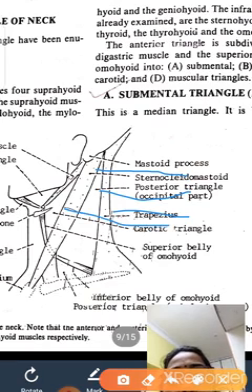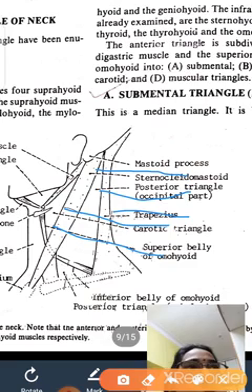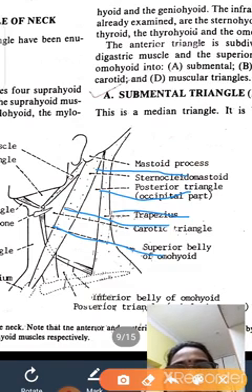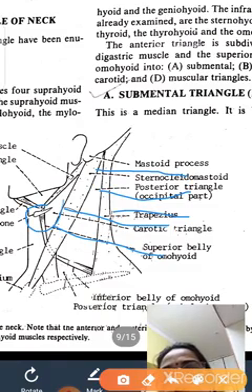Okay, superior belly of omohyoid. Okay, so the suprahyoid muscles are the digastric, stylohyoid, mylohyoid, and geniohyoid. There are 4 suprahyoid muscles, which attach your hyoid bone to various parts.